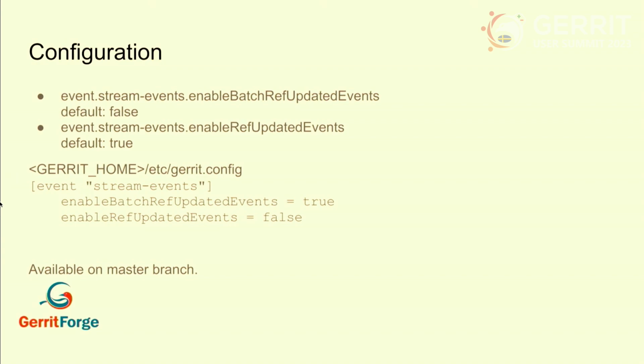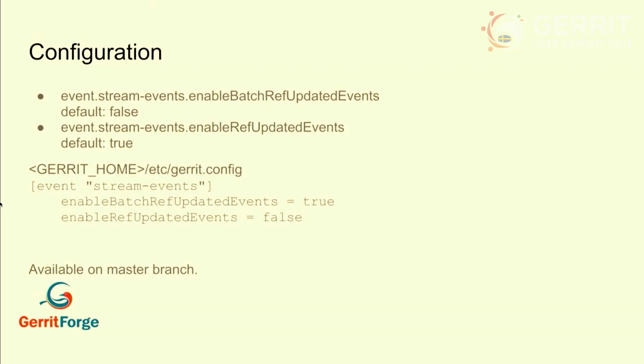One important thing: when you are enabling the batch ref update events, you should disable ref updated events. Because if you keep both set to true, you're going to get duplicate events. Basically, we're going to generate both. This code is available on the master branch, so please feel free to start. Thank you. I'm going to hand over to Chris.